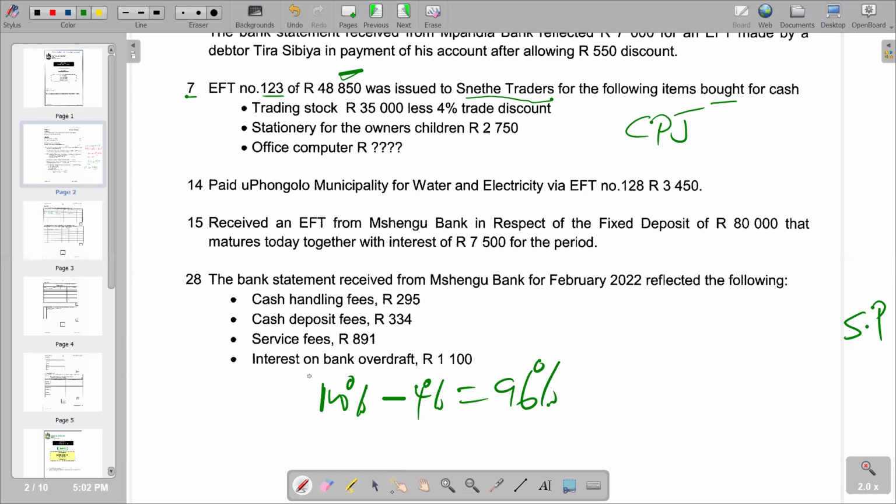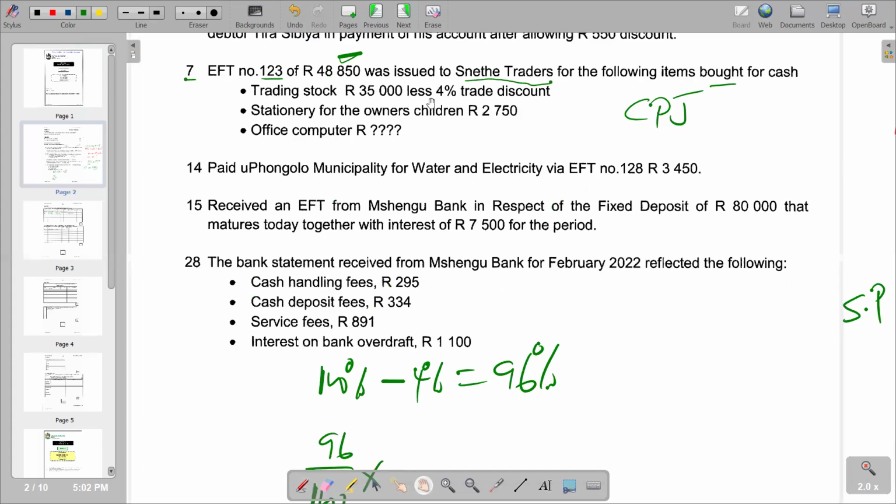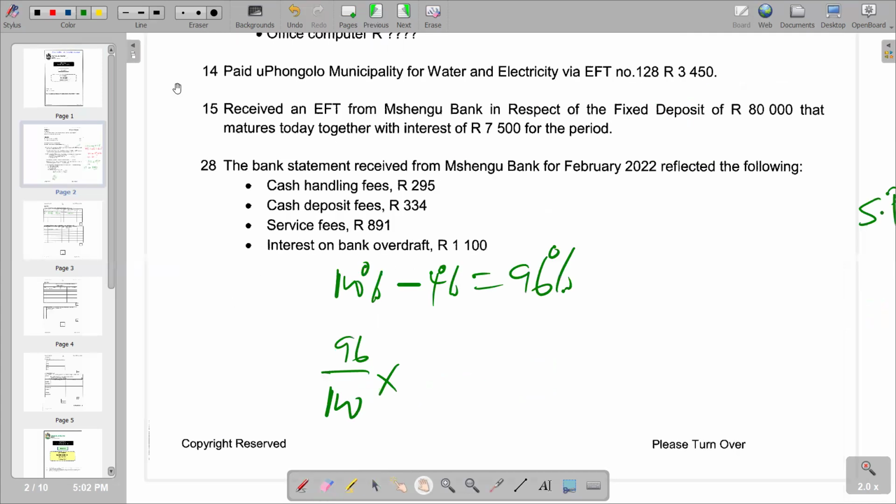The proportion of 96% that we have inside our 35,000 is the value that we are looking for after deducting the 4%. So 96% is 96 over 100, and then you multiply by the value that we have, which is 35,000.